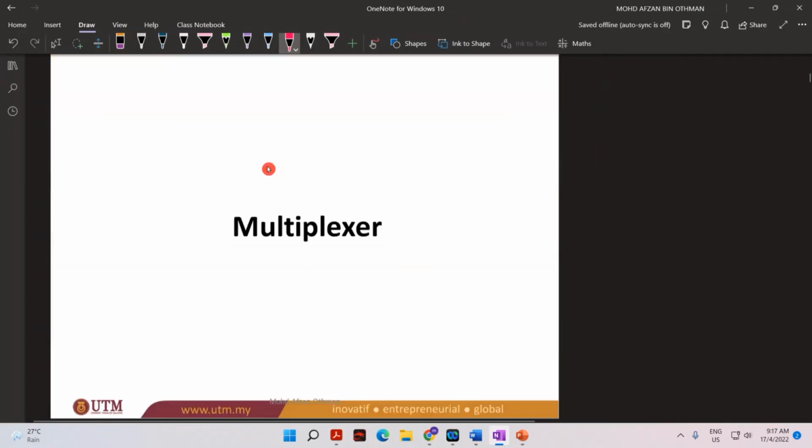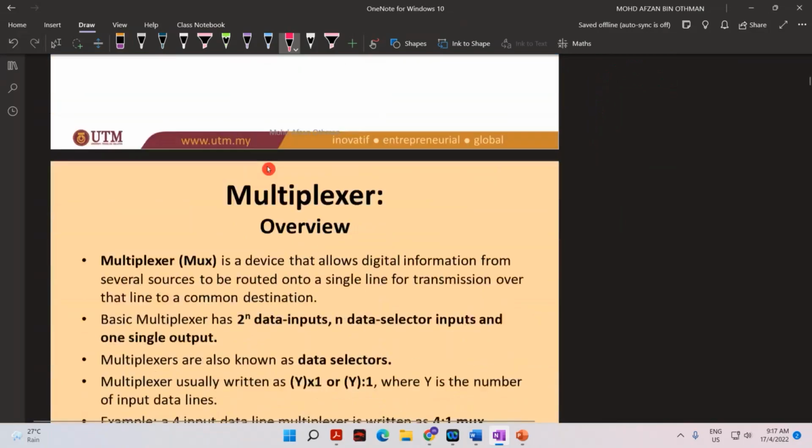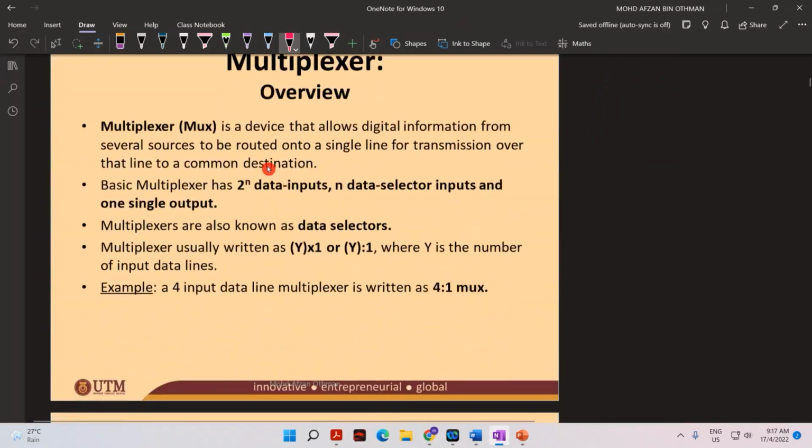Now we are going to look at the first MSI circuit, called a multiplexer. So what does a multiplexer do? A multiplexer, sometimes called a MUX, is a device that allows digital information from several sources to be routed onto a single line for transmission over that line to a common destination. A basic multiplexer has 2 power of n data inputs, n data selector inputs, and 1 single output.